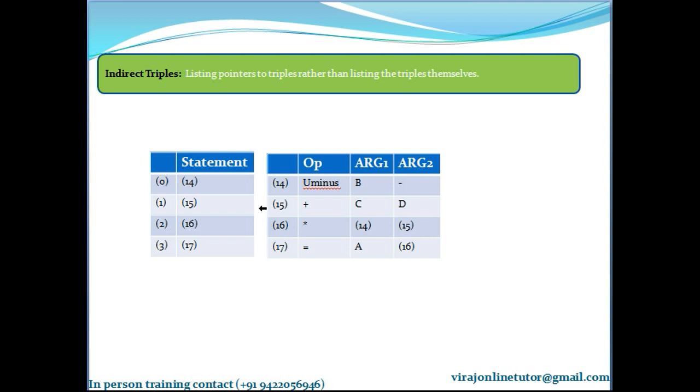In indirect triples, we can directly reorder the statement list. Since pointers to temporary values refer to the operator, argument 1 and argument 2 arrays, which are not changed, none of these pointers need to be changed. Clear? So in indirect triples, we do not have the problem of moving around statements involving temporary variables.